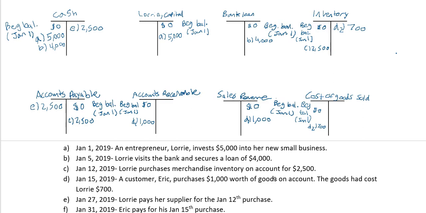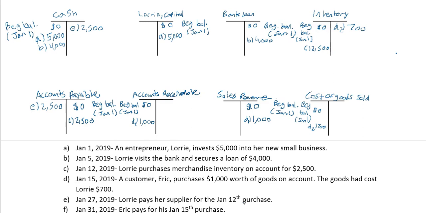And finally, F, January 31st, Eric pays for a January 15th purchase. So recall that Eric owed us some money, and the transaction is right here. Eric purchased $1,000 worth of goods on account. So let's go and record that collection.